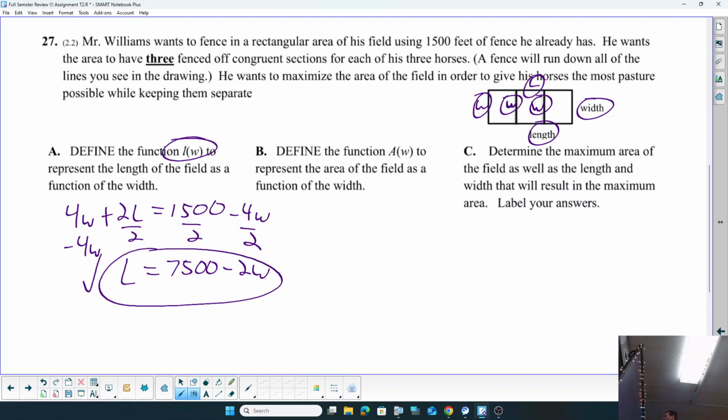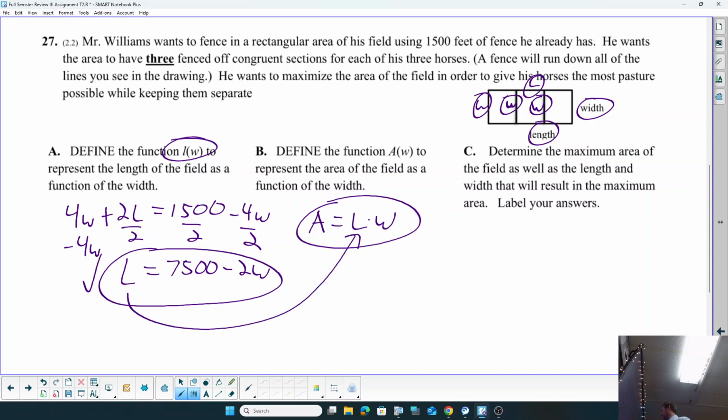To find the function that represents the area, area is just equal to length times width. However, to be able to determine the maximum area, we need both of those together. So we're going to combine those now that we solved for L. Wherever we see an L, we're going to plug it in.